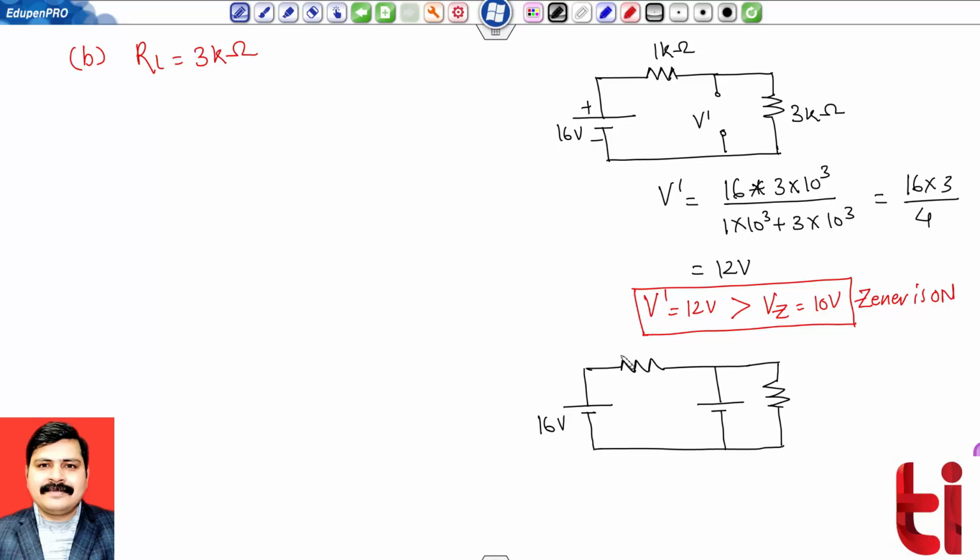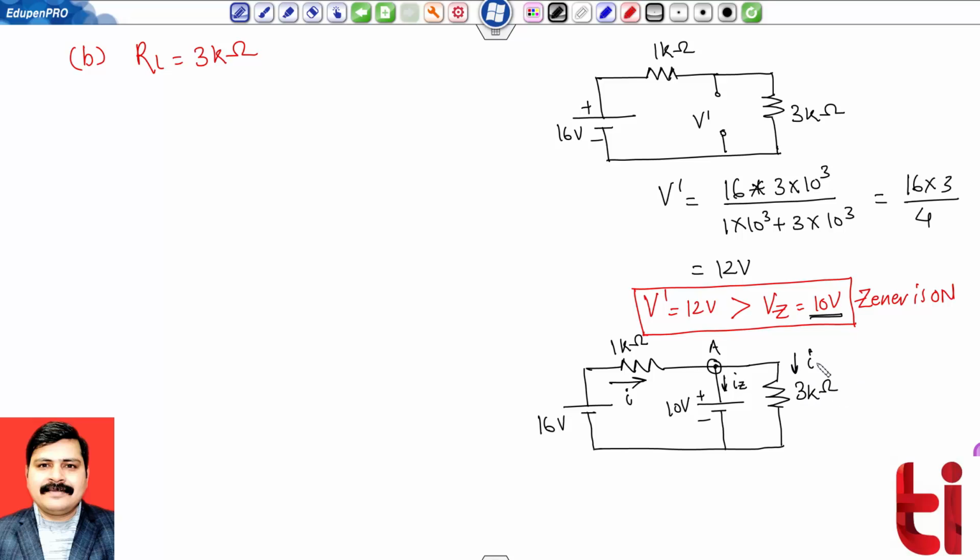16 volt, 1 kilo ohm, node A, current flowing over here is I, this current is IZ. Now this will be 10 volt. V dash is required for the testing purpose only, for the comparison purpose. Once Zener is on, it will be replaced by a battery of Zener voltage. And it was 3 kilo ohm.